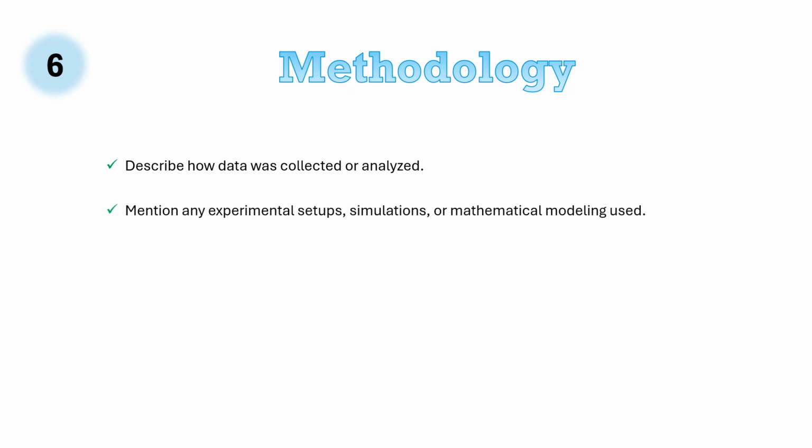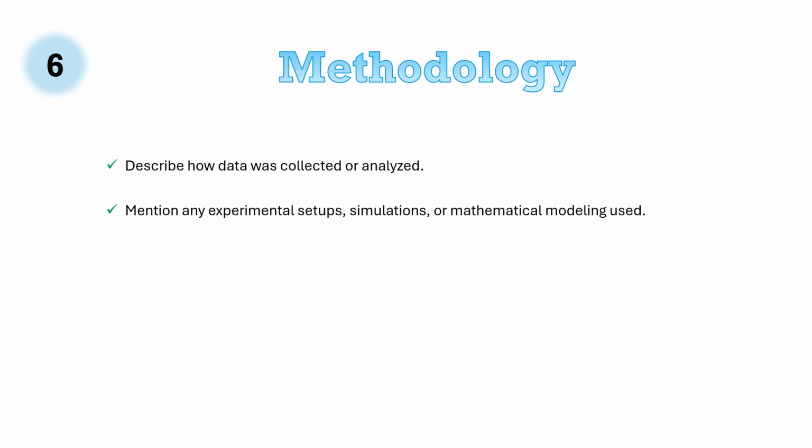Next to that, you have to provide the methodology or experimental details of the instrument that you are going to use for the case study. In that, first you have to describe the instrument, what the different components of the instrument are, try to include its figure, and then you have to mention how the data is collected or analyzed by the given instrument.